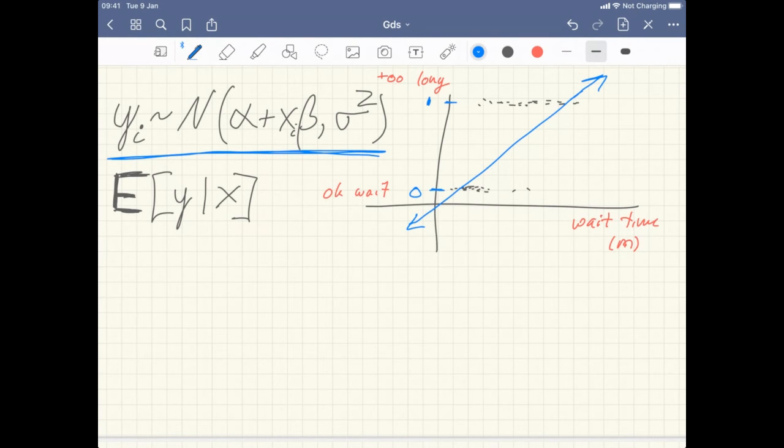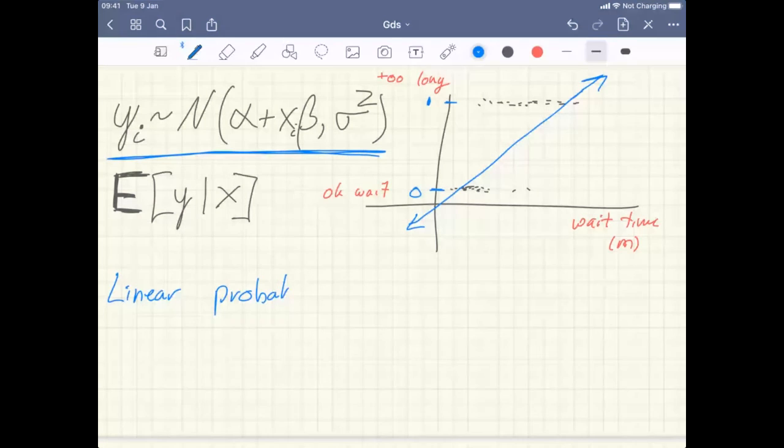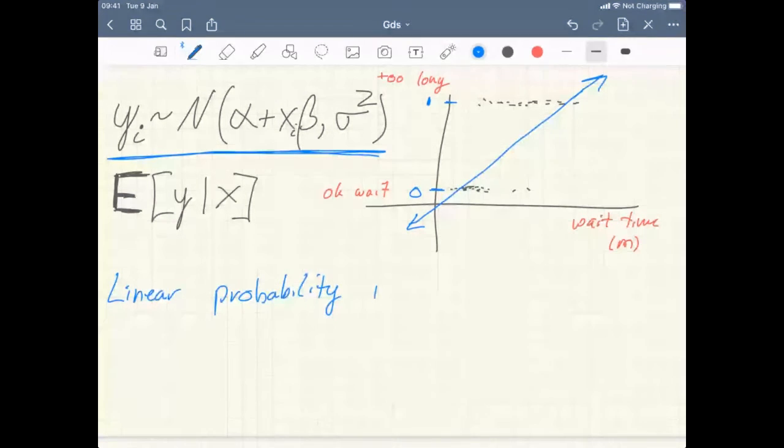So just drawing the line of best fit between a binary y and a linear x is going to give you something that looks like this. Okay? This is called a linear probability model.